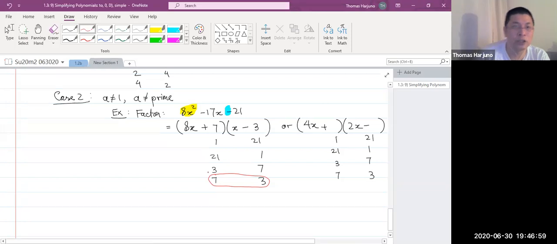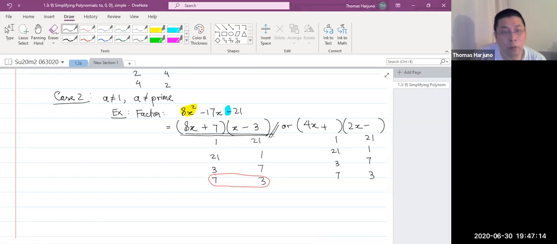I don't need to change the sign anymore. Okay, there are a lot more secrets, quote unquote secrets, in doing factoring for leading coefficient not 1 and not prime. But instead of going too far into details right now, I'd rather just leave it there.